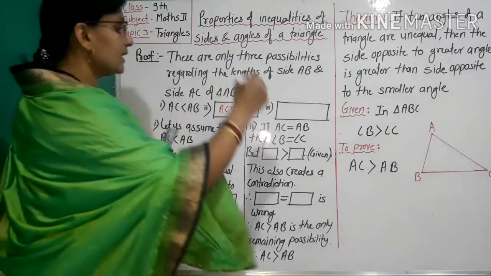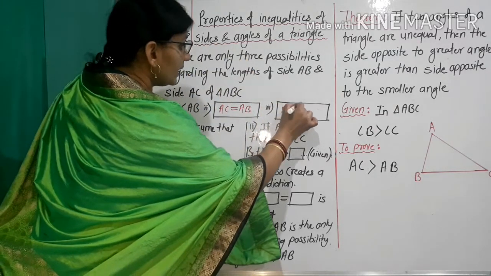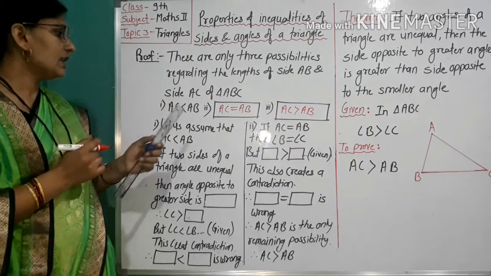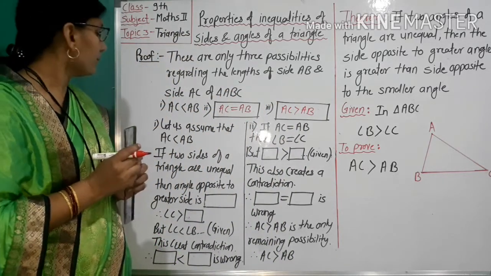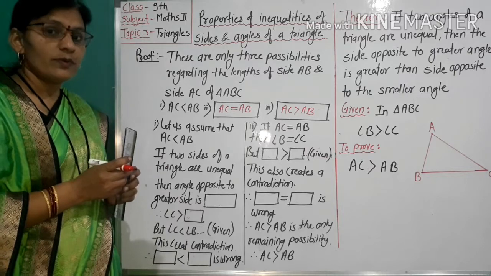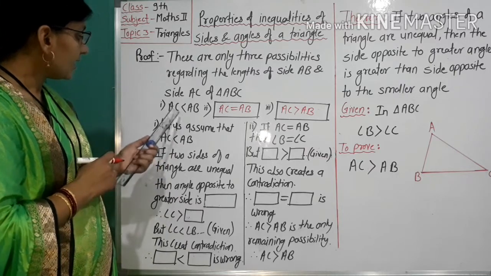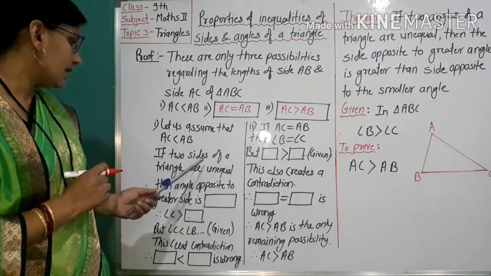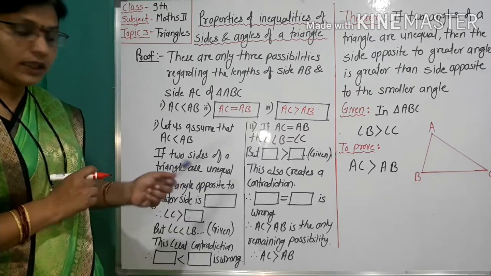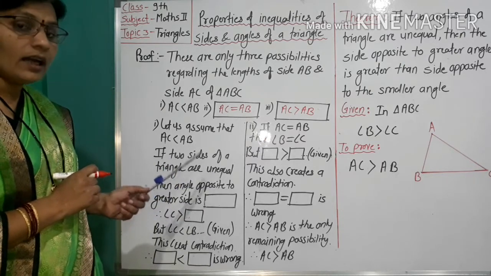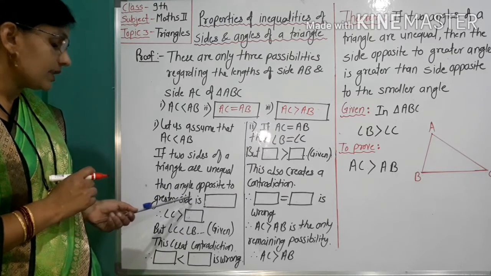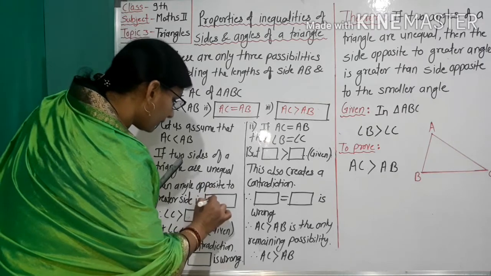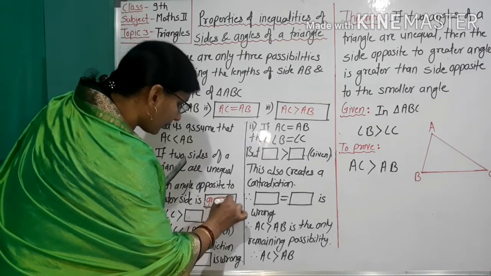And third possibility is that AC is greater than AB. These are the three possibilities. Let us assume the first possibility, that is AC less than AB. If two sides of a triangle are unequal, then the angle opposite to the greater side is greater. So write down here greater.